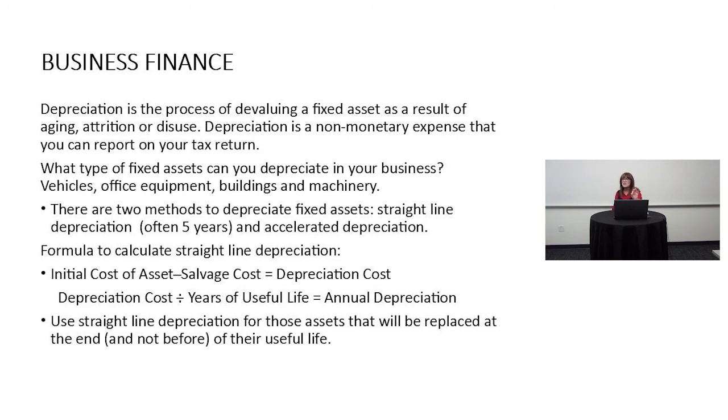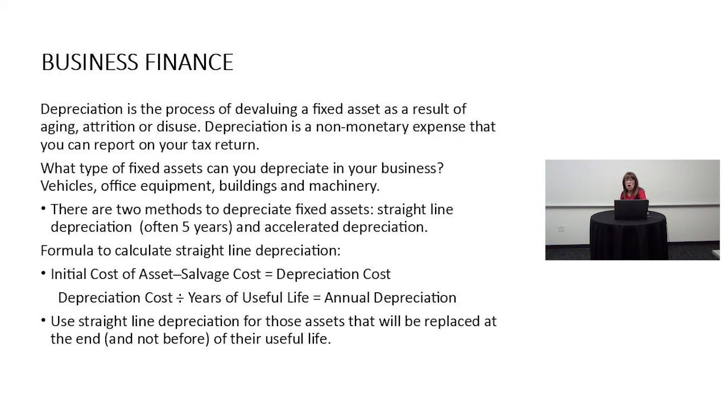The formula to calculate straight line depreciation: I take the initial cost of the asset, say it's a $25,000 truck, minus the salvage cost at the end of 5 years. I'm going to call it $5,000.